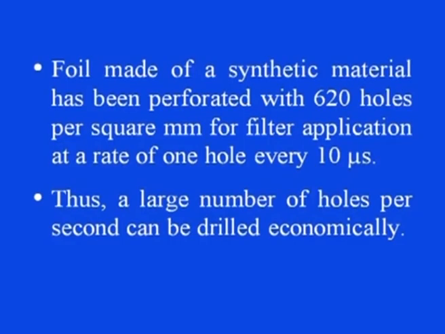Perforation of thin sheets can be easily carried out using this EBM. Foil made of synthetic material has been perforated with 620 holes per square millimeter for filter application at a rate of 1 hole every 10 microsecond.